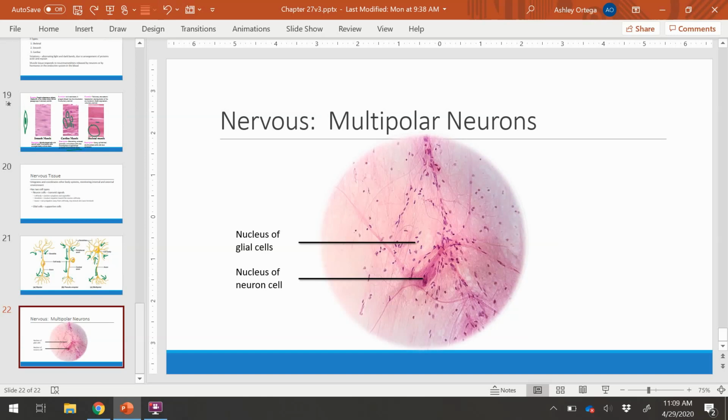That kind of started this question: if you could Magic School Bus your way into one of these tissues, which one would you go to first, and why? If you answer that question, that is what will get you your completion grade for this assignment. I wanted to do something a little bit fun, but also something that got you thinking about this topic. So I hope you enjoy it.